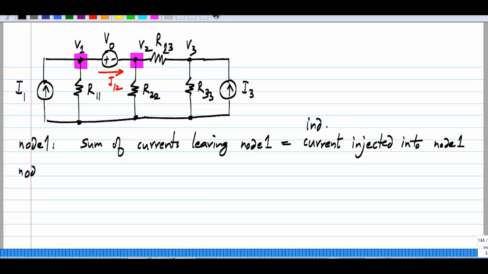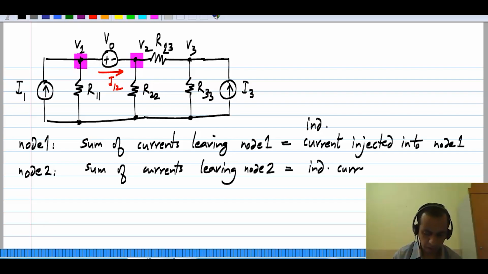And similarly, at node 2 we have the sum of currents leaving node 2 being equal to the independent current injected into node 2.